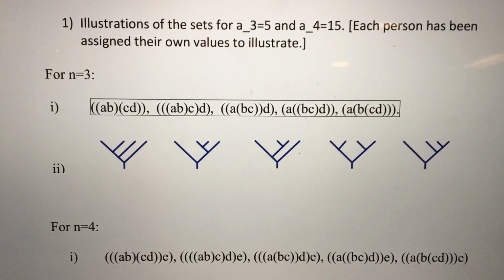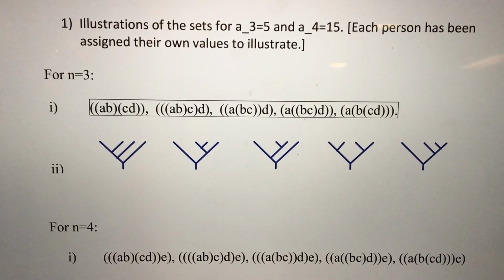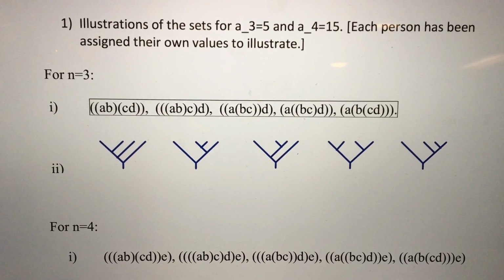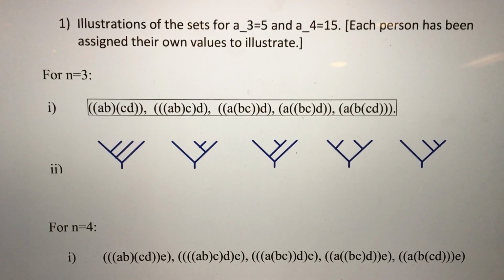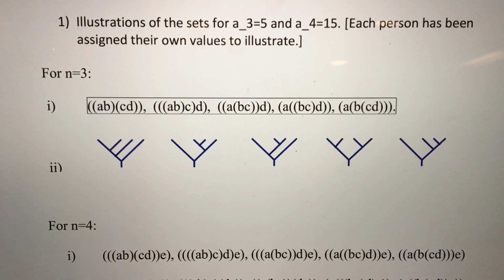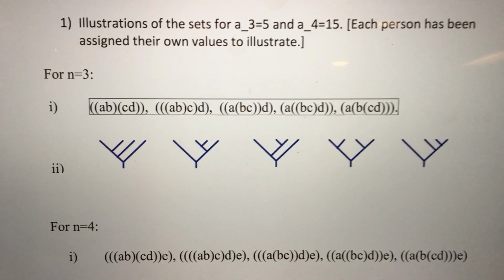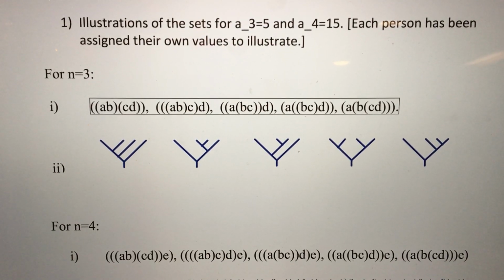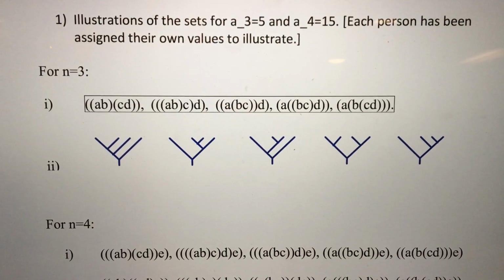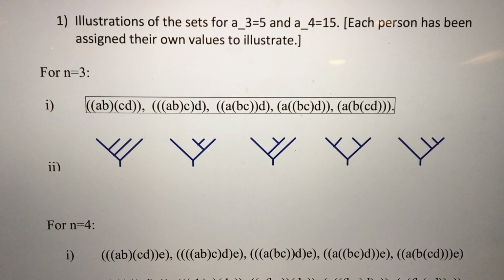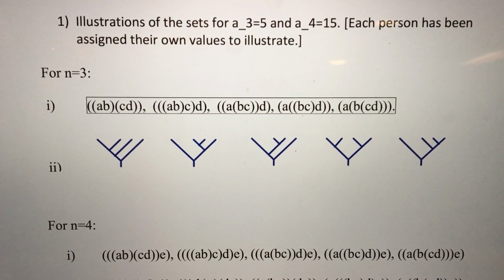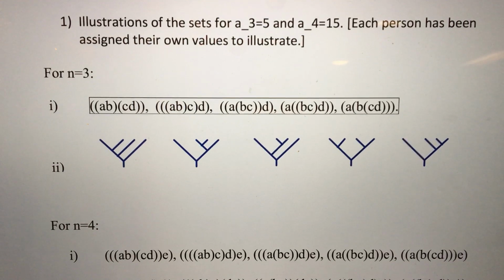The pairs of parentheses, according to the structure, had to be matched up. So it's a parenthesization, as if you were multiplying A, B, C, and D, and you needed to know which order to do it in, as if it was some kind of non-associative operation.